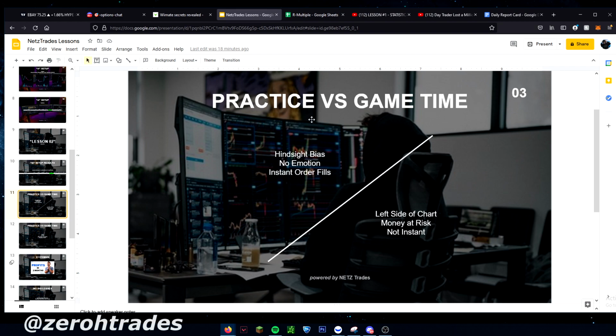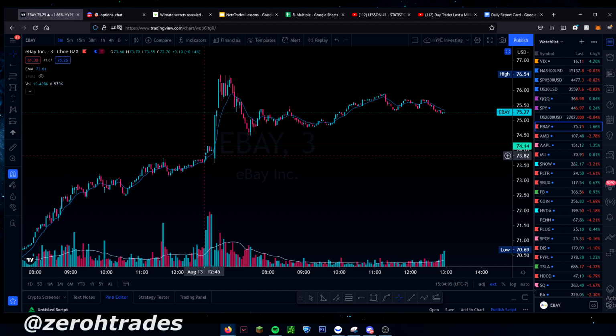So the issue when it comes to translating what you do during practice versus when you're actually trading with real money is, one, you're dealing with a lot of hindsight bias. If you don't know what hindsight bias means, it means that the event has already passed. So let's go to a chart, for example. This was a trade I took on eBay today on the break of the previous high of day. But you see how now we know what's happened.